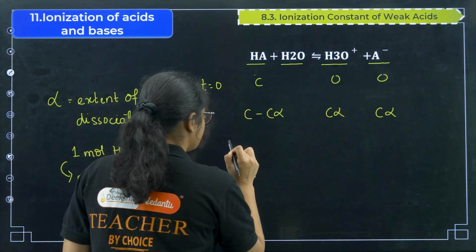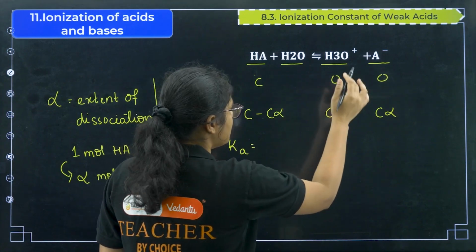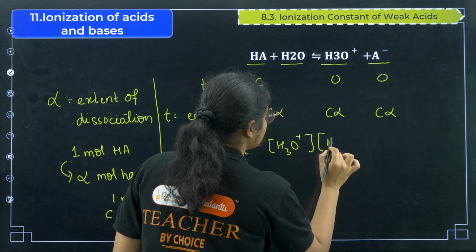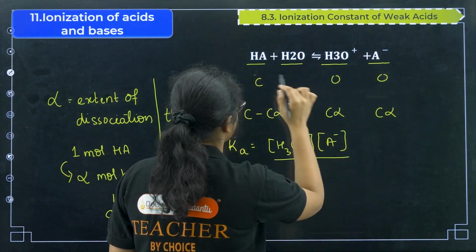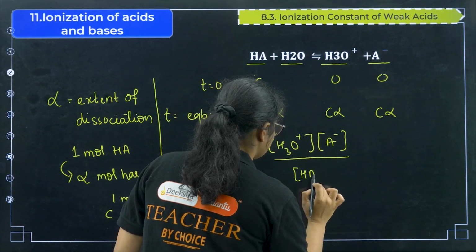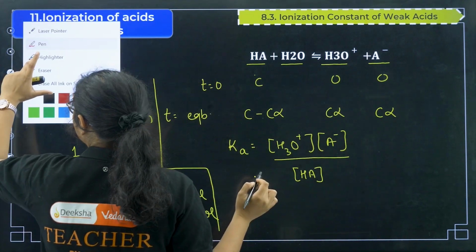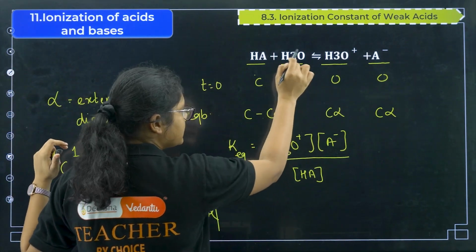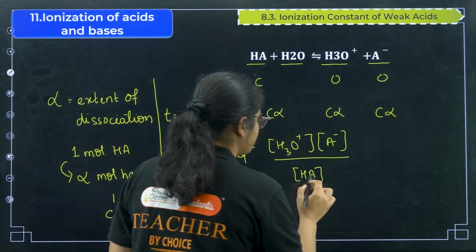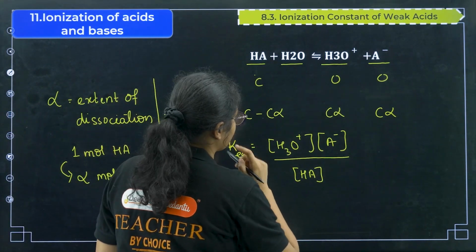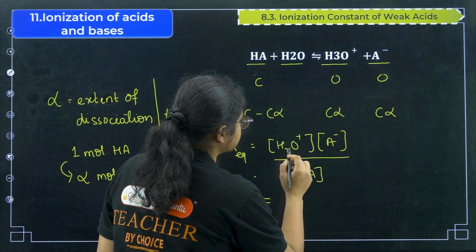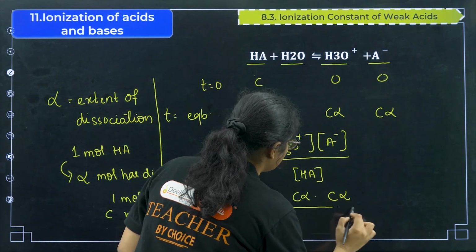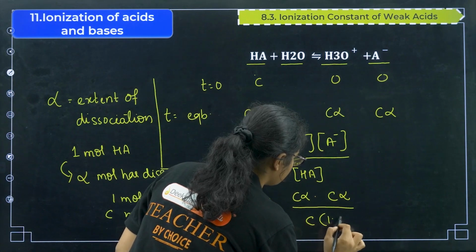Now if I write the equilibrium constant formula, the product concentrations H3O+ into A- divided by the concentration of HA. Water is a solvent, so we are not taking it. If I put these values, I will get C alpha into C alpha divided by C into 1 minus alpha.